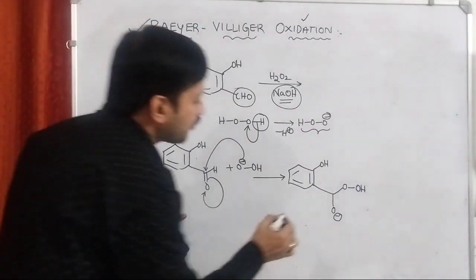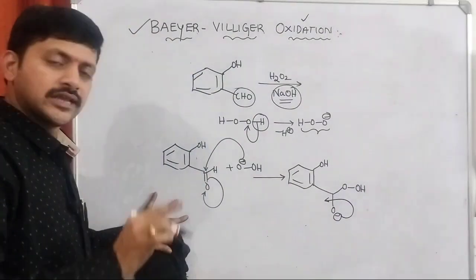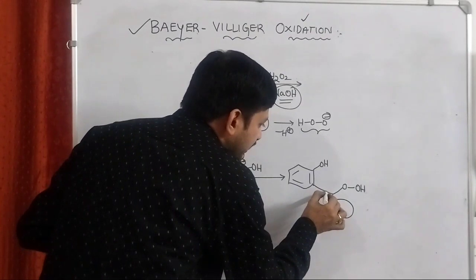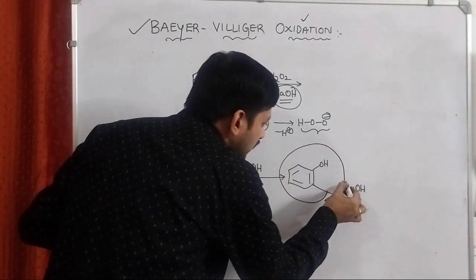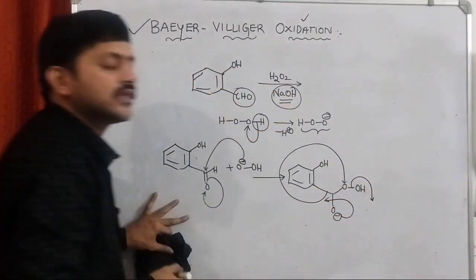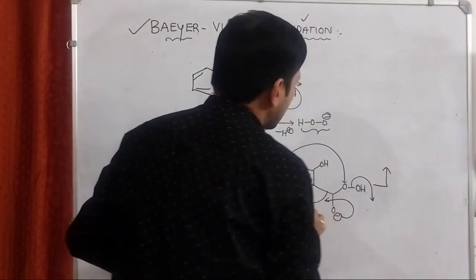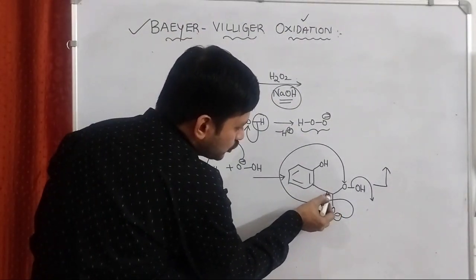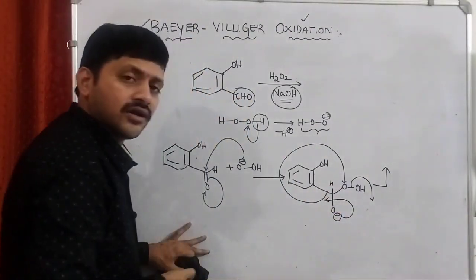Okay. Here what happens? The oxygen minus can form a pi bond, thereby you will come up with C double bond O. Here this complete group is subjected to migration to oxygen. Thereby OH is removed in the form of OH minus. So we will come up with this kind of situation. See this one, this is C double bond O. Three bonds means here we are having hydrogen, or not?